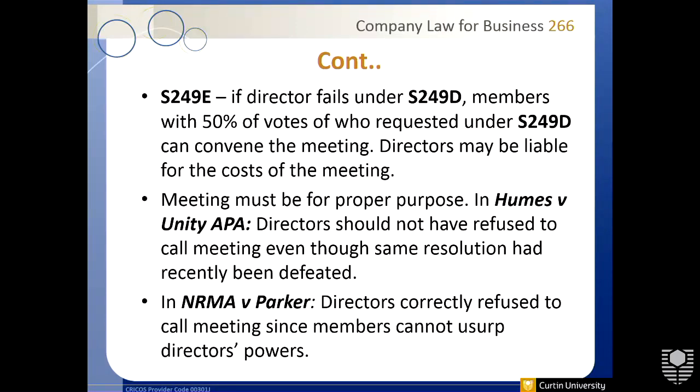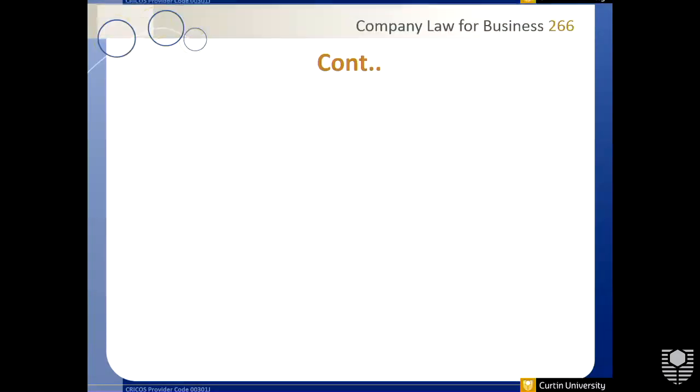Now, how the votes should be taken is a power that lies with the directors, not with the members. So that was not the right agenda or resolution, because they do not have the right to pass such a resolution. So in that case, the directors rightfully rejected the calling of a meeting. Okay? Okay. Silence as usual means acceptance.